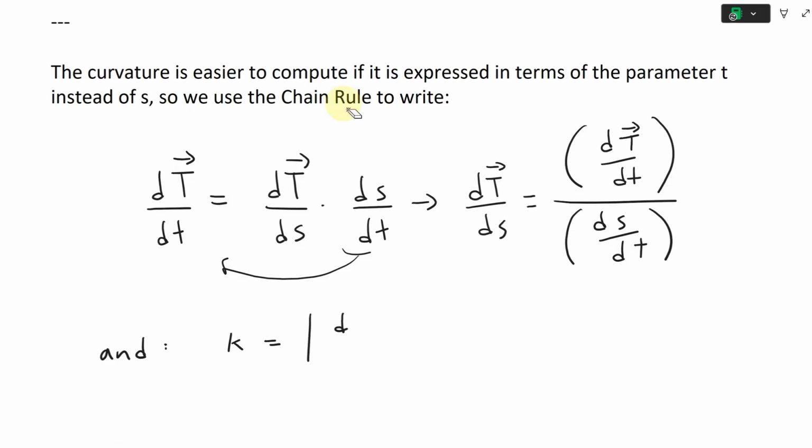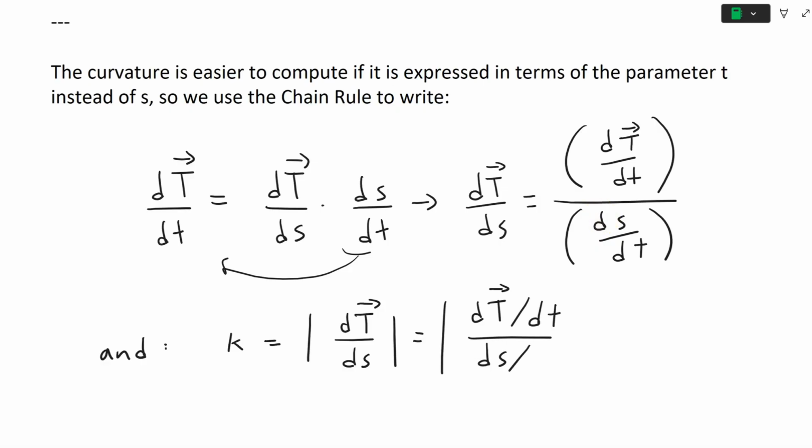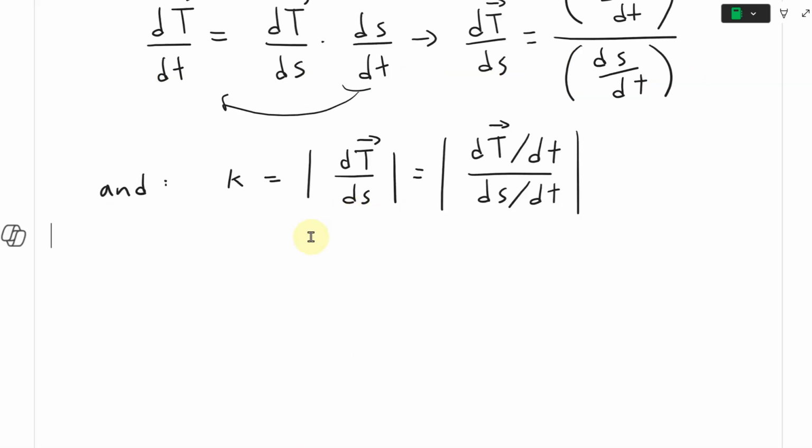So this is the magnitude of this giant fraction: dT over dt divided by ds over dt, and the magnitude of this whole thing. All right, but we know what ds over dt is.